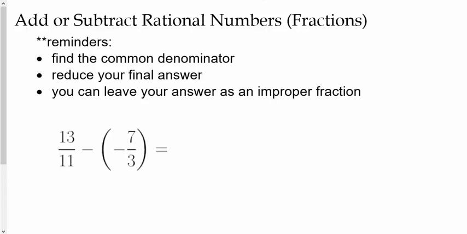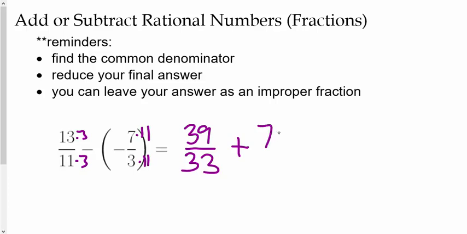Think to myself, what's the common denominator? That's going to be 33. 11 times 3 is 33. 13 times 3, that's 39. And then instead of writing minus a negative, I'm just going to rewrite subtracting a negative as adding. 3 times 11 is 33. 7 times 11 is 77.